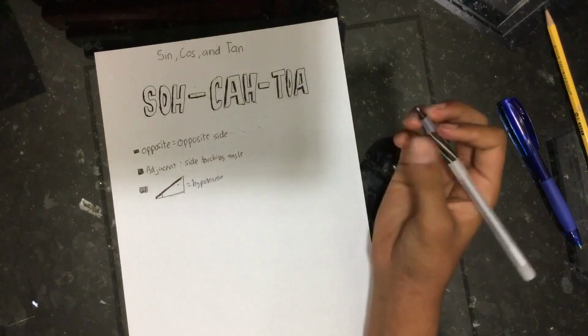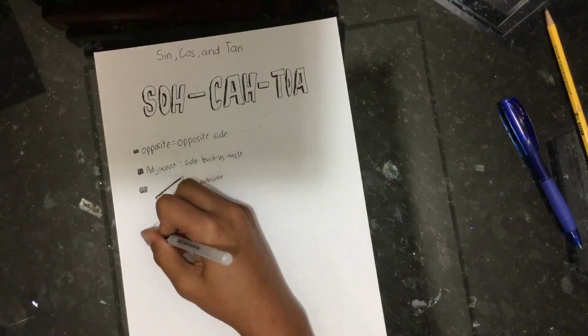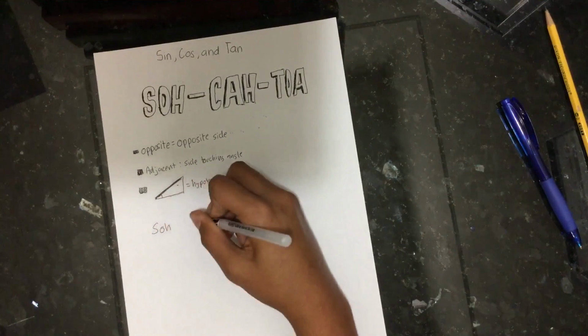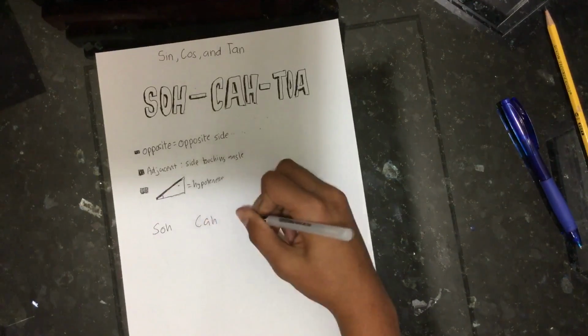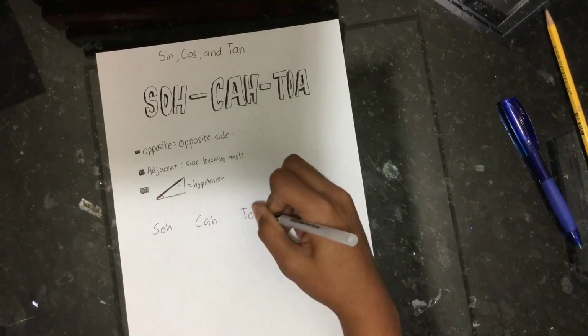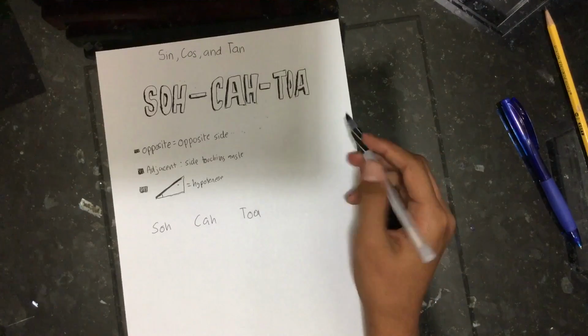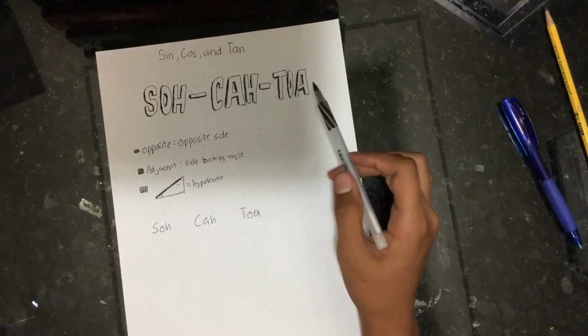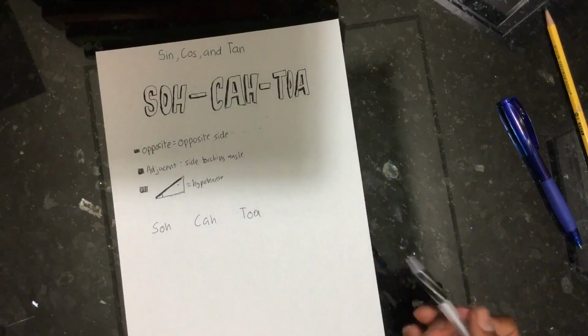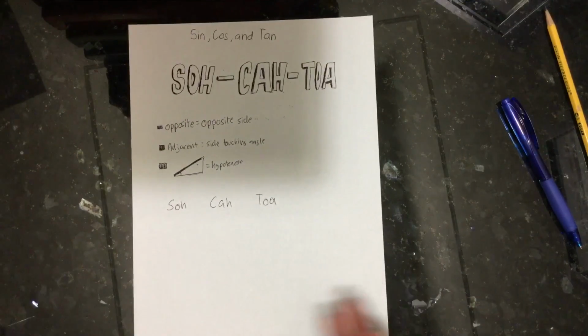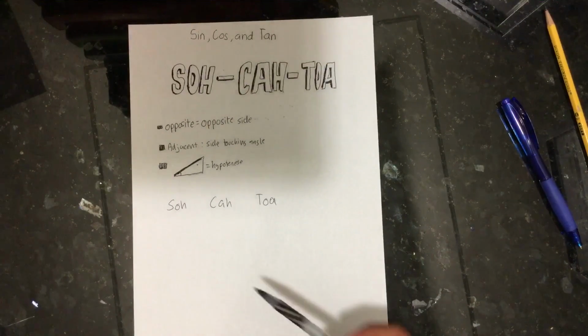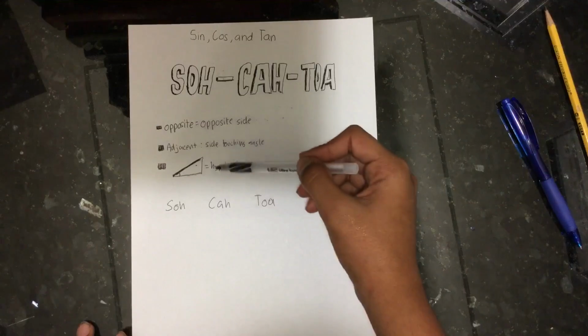So let's just get on to what Soh-Cah-Toa is. Soh-Cah-Toa. What is this? This is a little way that a lot of people in the world use to remember how to find out sine, cos, and tan. So let me explain to you what this means. We're going to be using these words here.